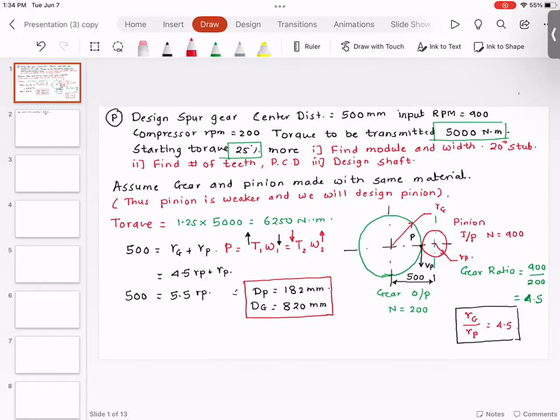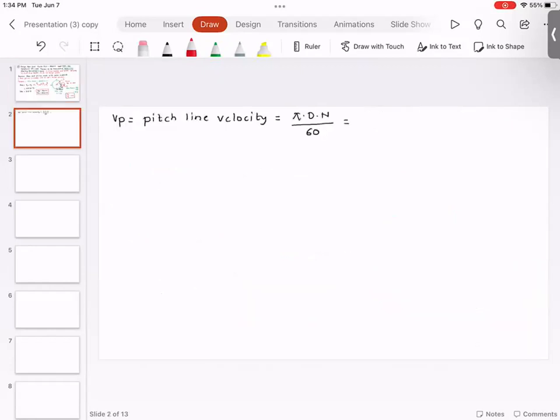Okay, so moving on to the next part, we have to find out the pitch line velocity. And why do we need this pitch line velocity? Because we need to find out the velocity factor in the process. To find the velocity factor, we need the pitch line velocity.